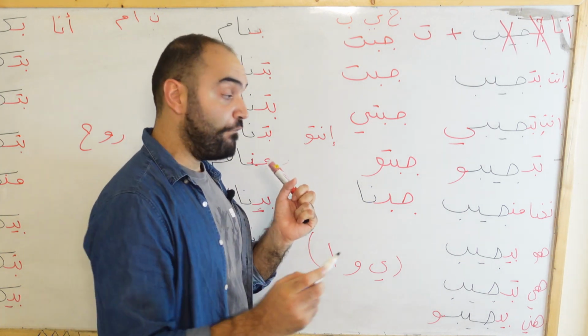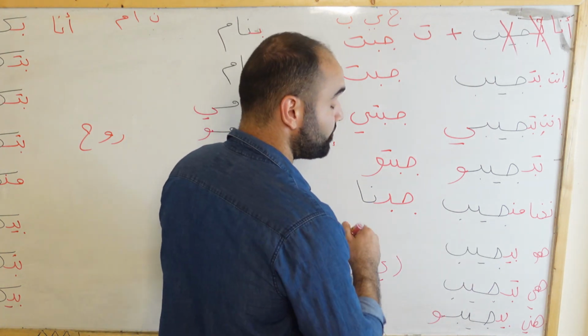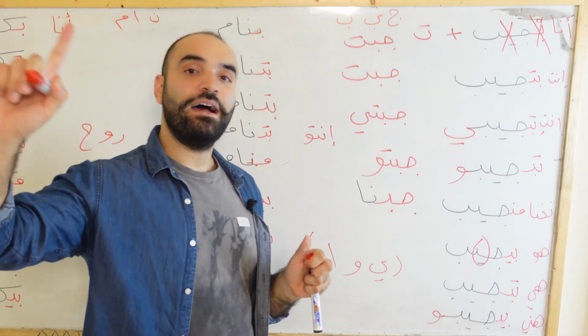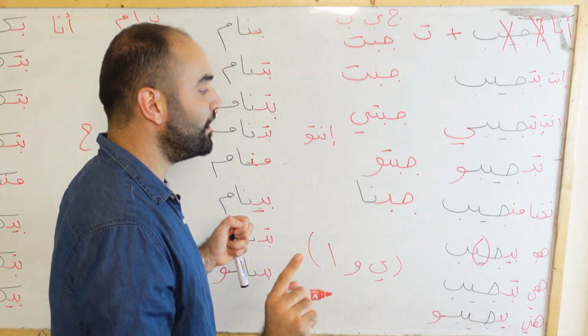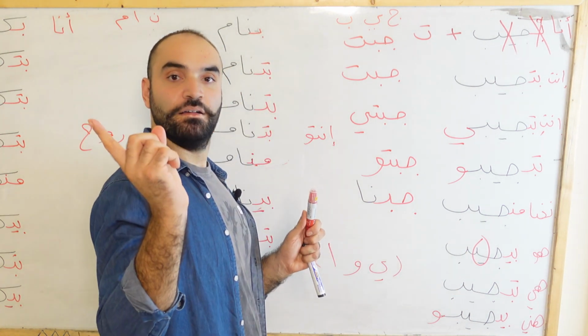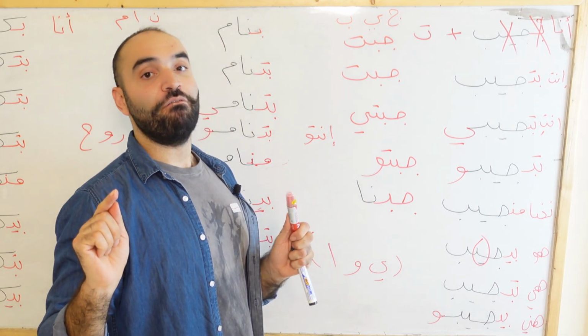This one, focus with me because for the E and the waw, it becomes A in the past. What do I mean? I mean جيب, it becomes جاب. We don't take off the vowel letter.